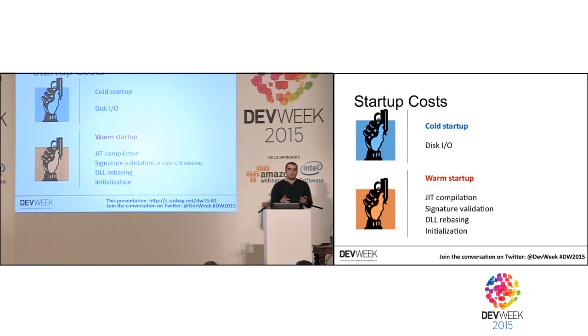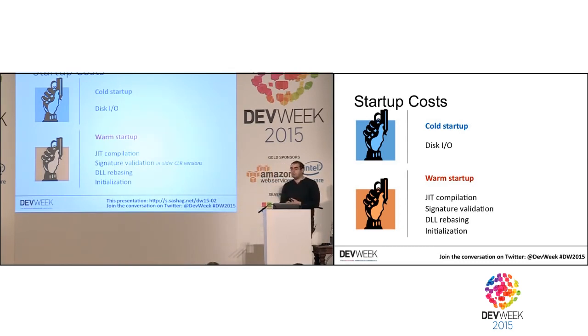You're reading your code, your data, your working set from disk, and that takes most of the time. Even if you're using a fast disk, SSD or flash storage, cold startup is usually dominated by disk I/O. So that's the first thing to improve: try to reduce the I/O you're making against the disk if you're dealing with cold startup times.